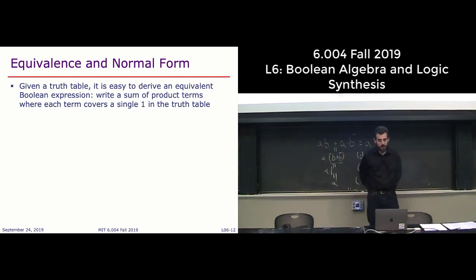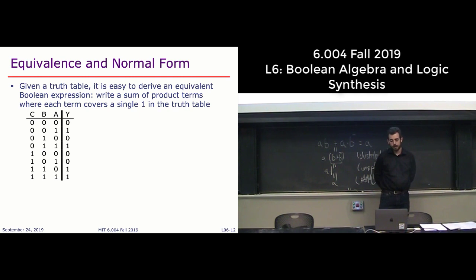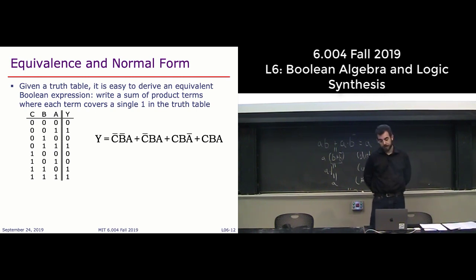The reason is that if I give you a truth table, you can derive a Boolean expression by going row by row in this truth table, and for all the ones, writing what we call a product term, a combination of input values that covers a single one in the truth table. And so this is the equivalent expression for this output here.